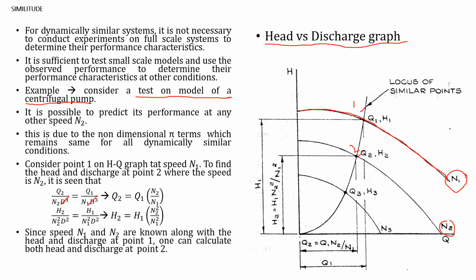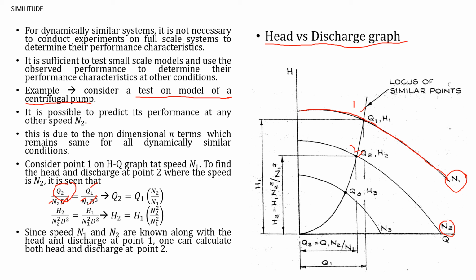So what remains is Q2 by N2 equal to Q1 by N1. We know discharge, the volume flow rate Q1, and the speed N1, and we know N2. So I can find Q2: Q2 is equal to Q1 times N2 by N1.